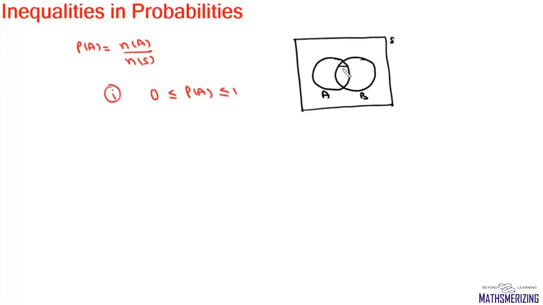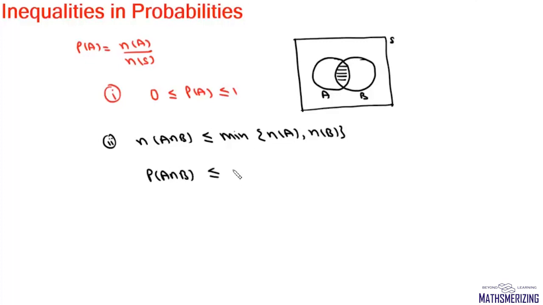Now, if we look at this region, A intersection B, we know that the number of elements in A intersection B will always be less than A and will always be less than B. So it will always be less than or equal to the minimum of whichever is smaller, either N(A) or N(B), and subsequently we can write that probability of A intersection B will be less than or equal to the minimum of probability of A and probability of B.